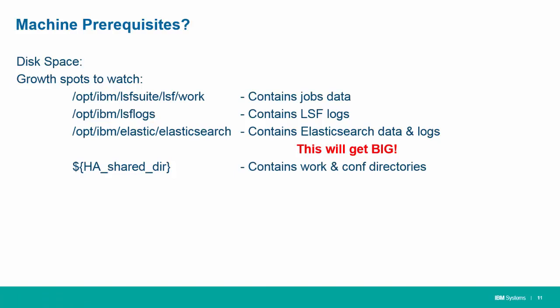You also have the Elasticsearch, well, not really a database, but it's storing its shards in this directory here, and they can get quite big, so you'll maybe need to take a look at that and make sure you don't run out of space. And finally, you have an HA shared directory that's going to contain the work directory from here and the conf directory. So if you are using that, you might want to make sure you don't run out of space.